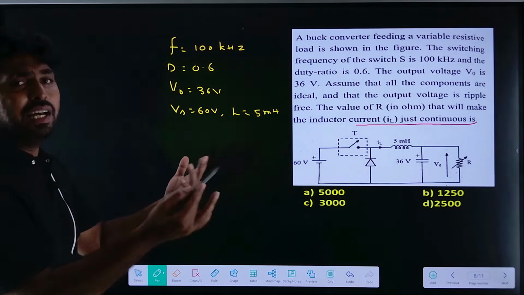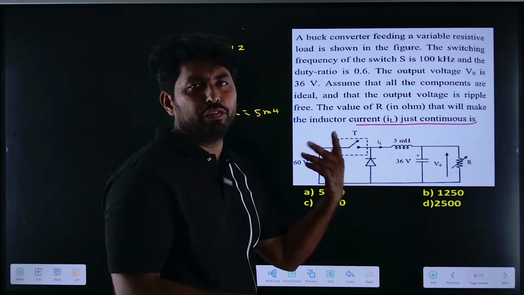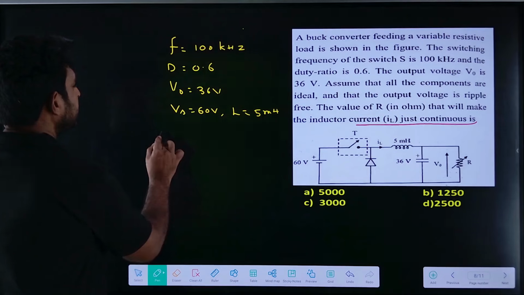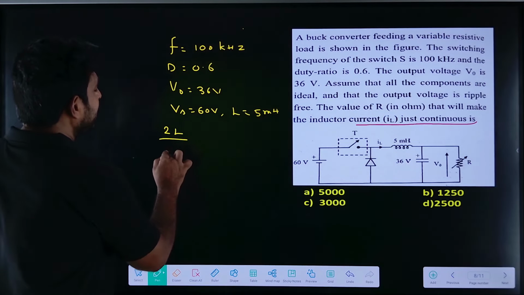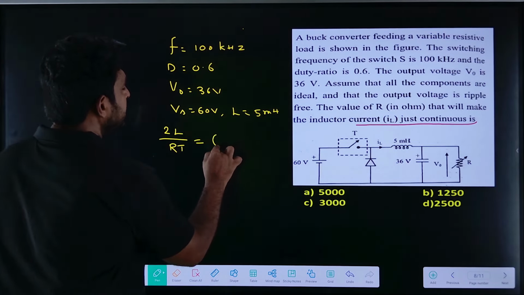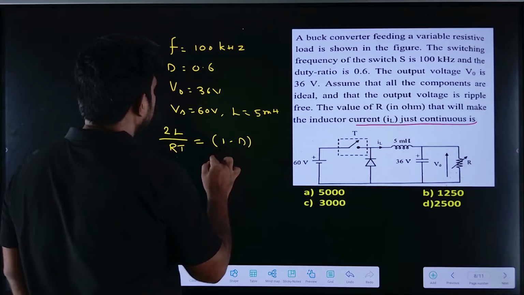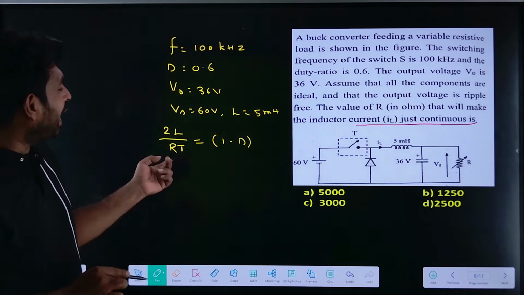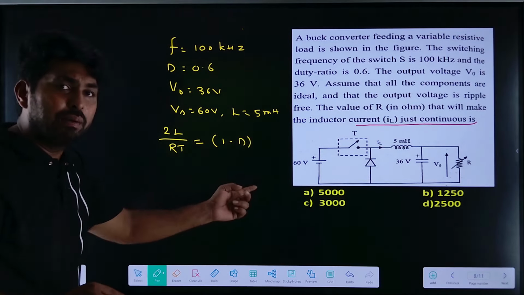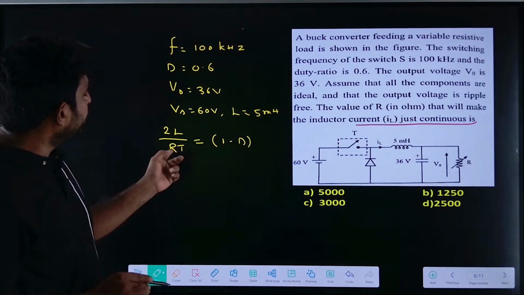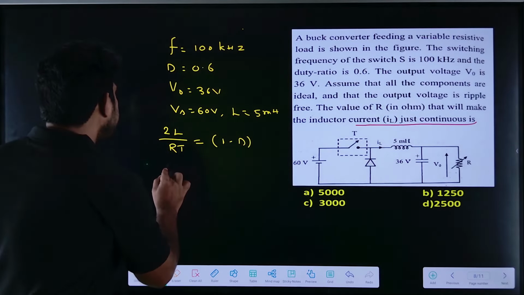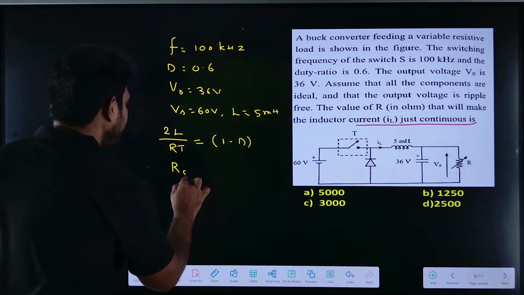How can we find it? K equal to K critical. If you remember that expression, that is sufficient: L by RT equals 1 minus D. All the remaining values are given, so let us find the R critical value.